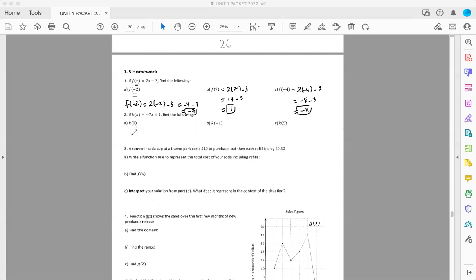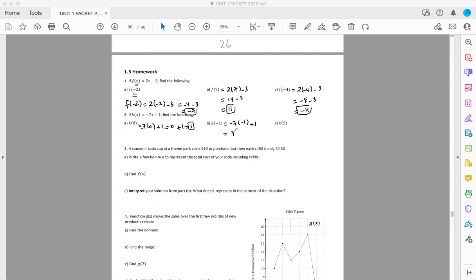Second part, number 2, they're giving you k of x and they're saying find k of 0. Okay, k of 0 equals plug in 0 for x. -7 times 0 is 0, plus 1 is 1. Now, same thing, -7 times -1, plug in -1 for x, plus 1.